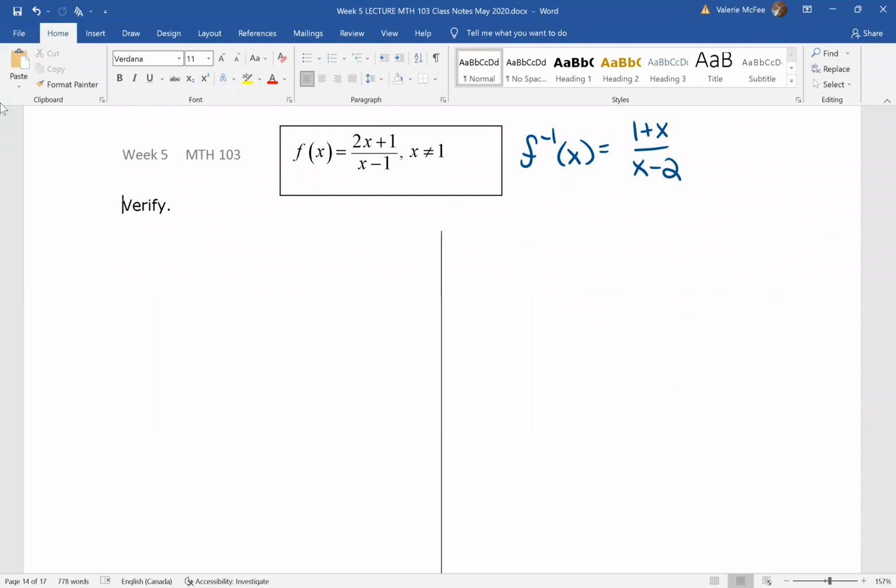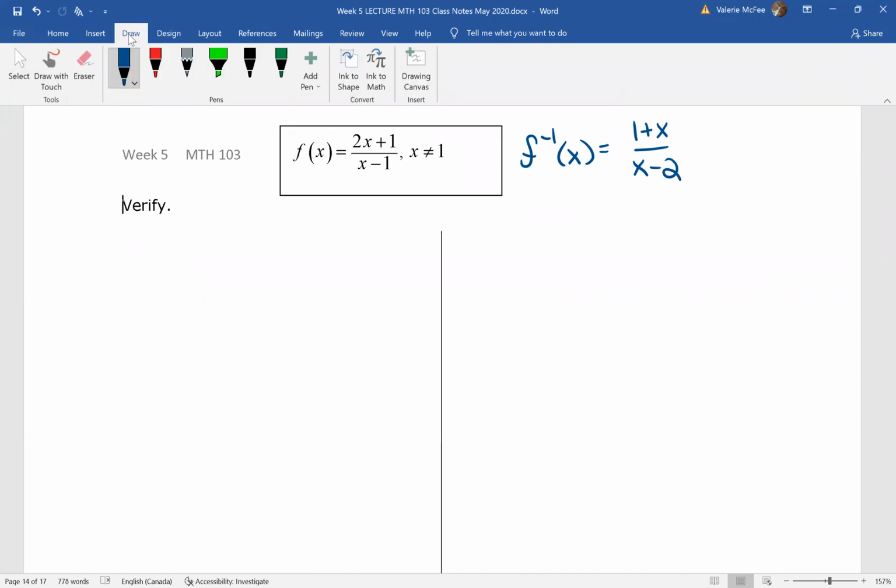Verifying is great algebra practice, especially when we have these rational functions that we have to verify. So remember, there are two steps here. We want to find f composed with the inverse of f. It has to equal x. And the inverse composed with f has to equal x.